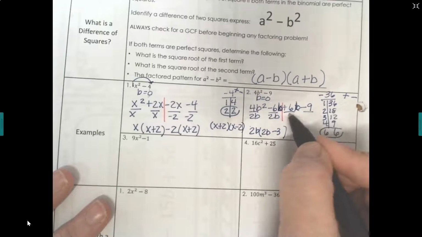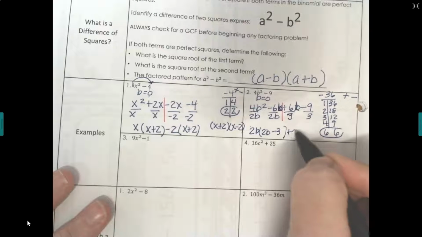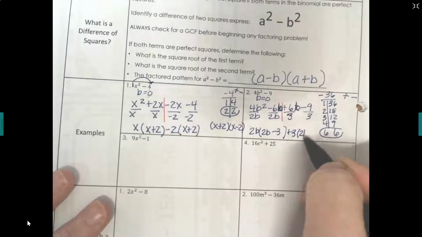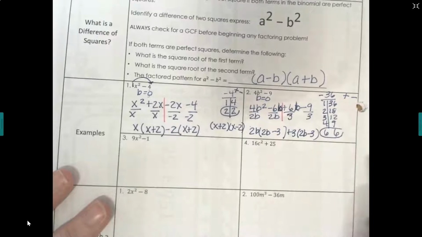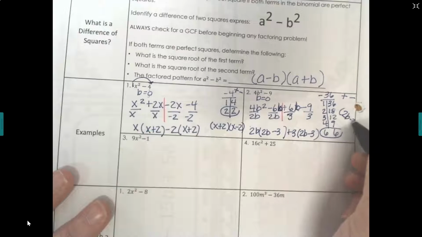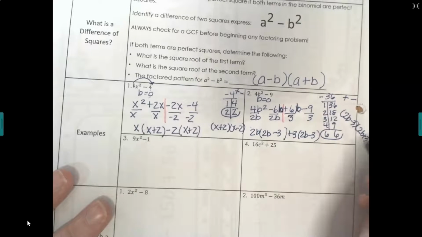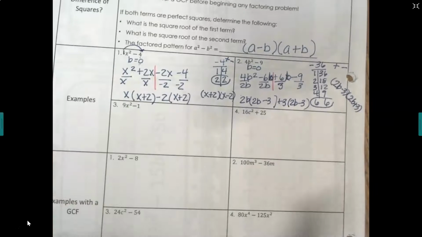On this side, we have a 3 in common, and we'll have 2b minus 3. So my final factored form would be 2b minus 3 times 2b plus 3. So that's one way. Grouping, making four terms, always works.